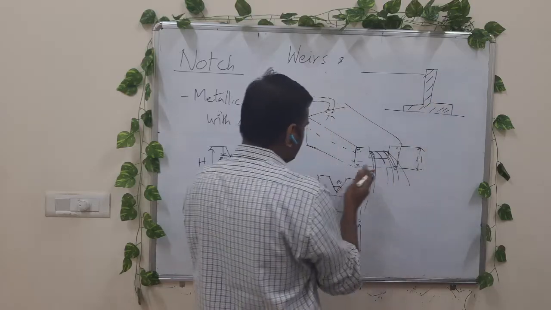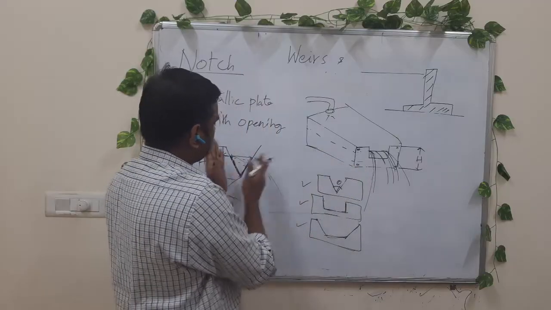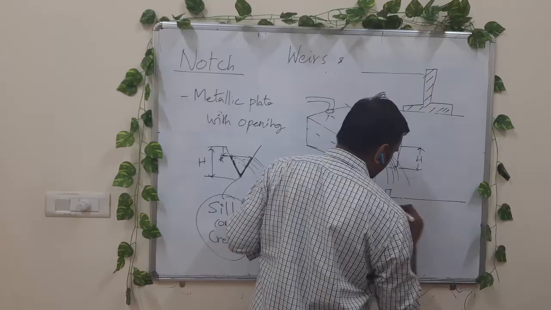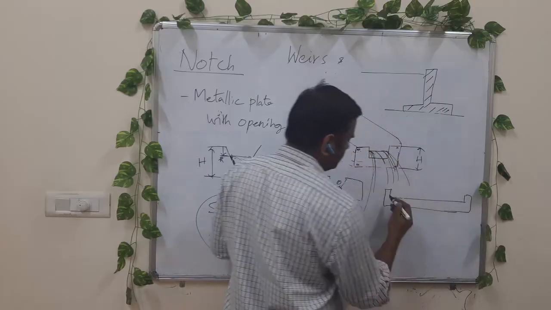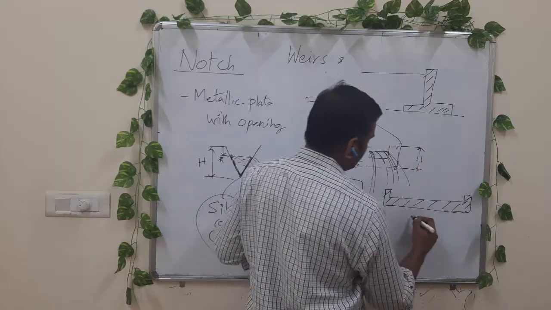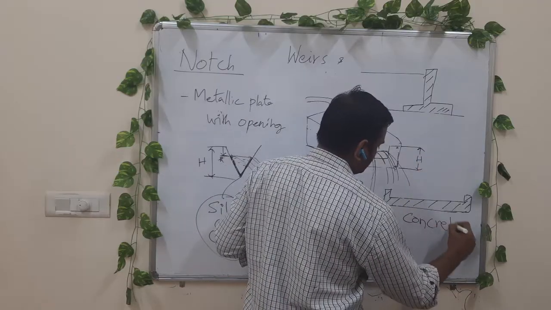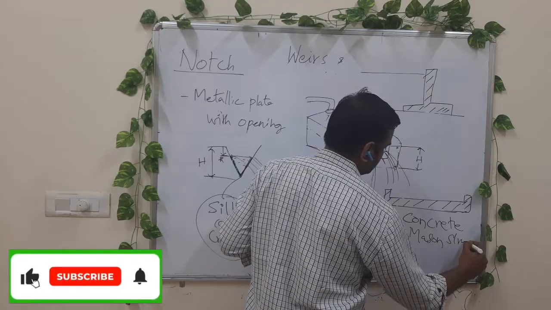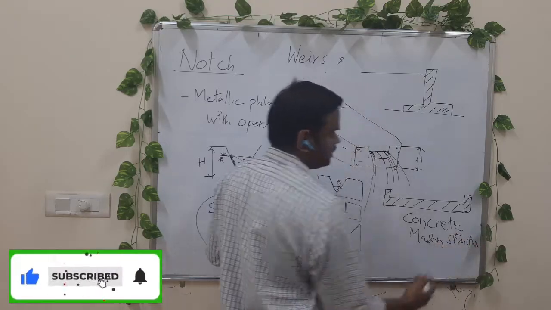Again it is similar to this notch, only thing is we have a complete structure like this opening. A weir is usually made up of concrete or masonry structures.